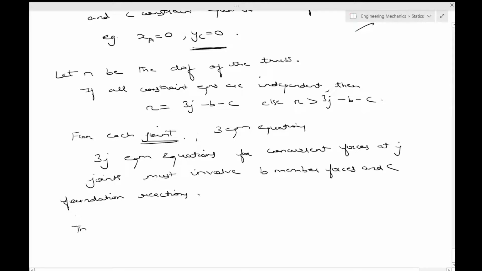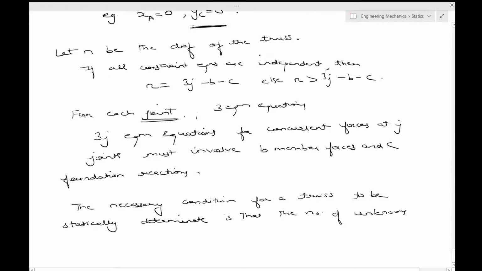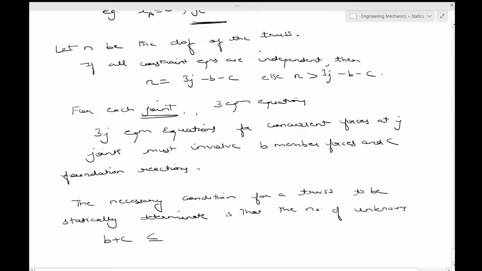Now the necessary condition for a truss to be statically determinate is that the number of unknowns, b plus c, has to be smaller than or equal to 3j, because you have only 3j equilibrium equations.